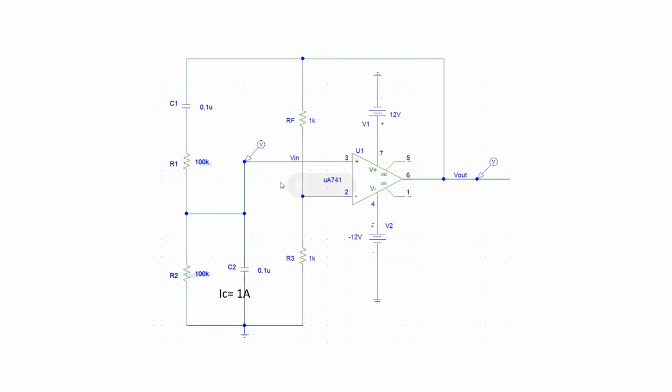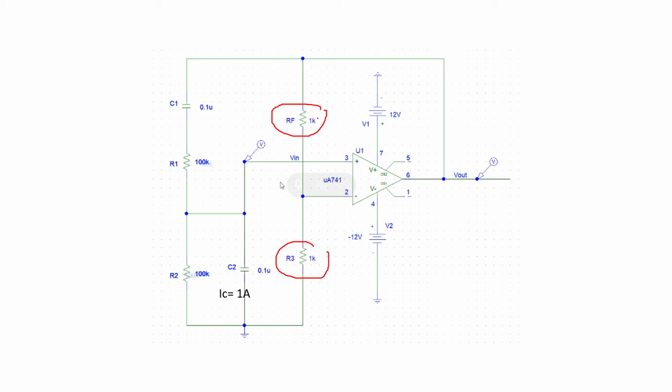Here you can see the simulation in PSpice. This is RF and R3. You can adjust this value in order to get the gain as 3.